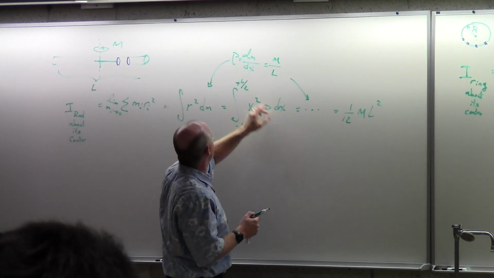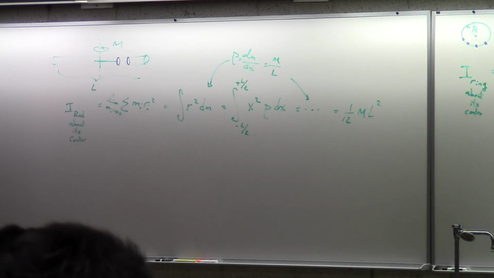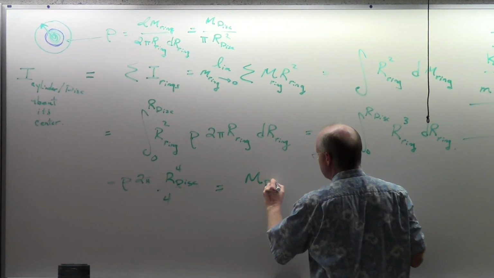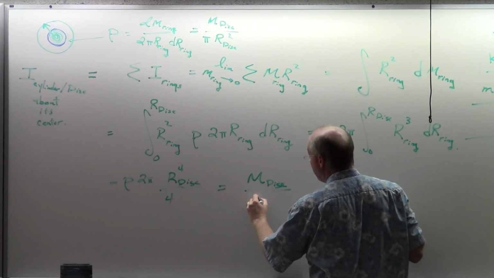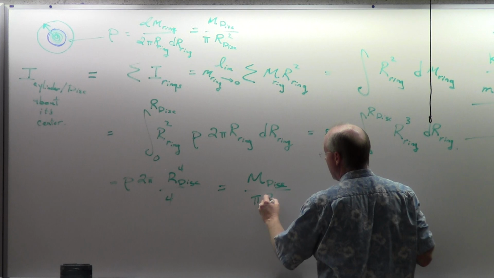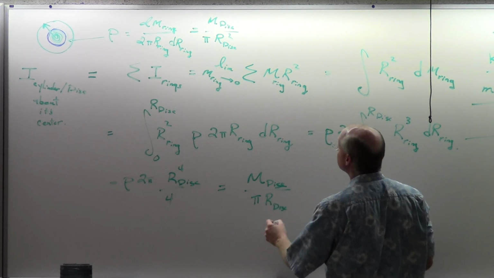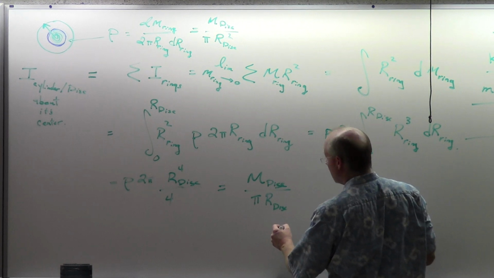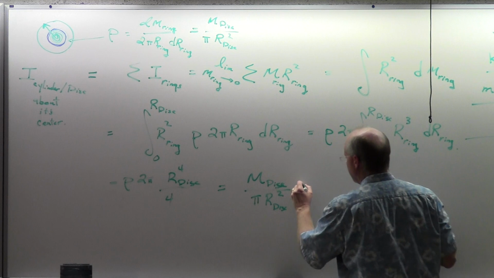And now once we have it, we can get rid of density by looking at the whole mass over the whole area. And so that step here would then be mass of the disk divided by pi times r of the disk squared. And so there's density.